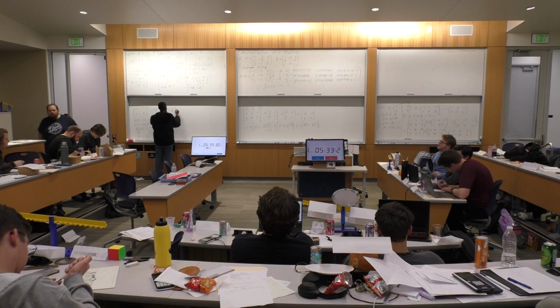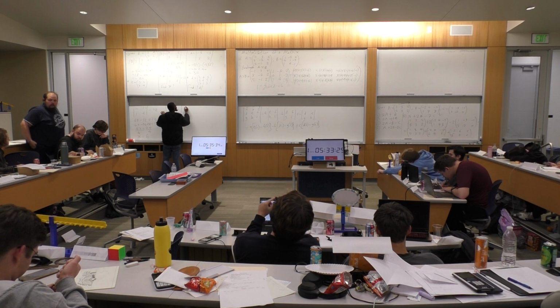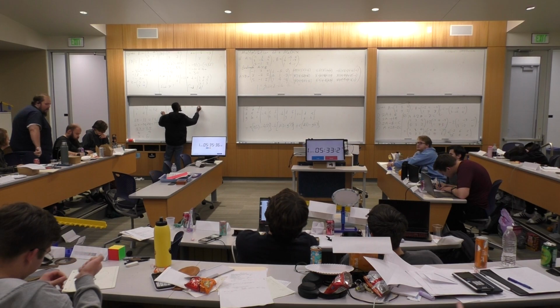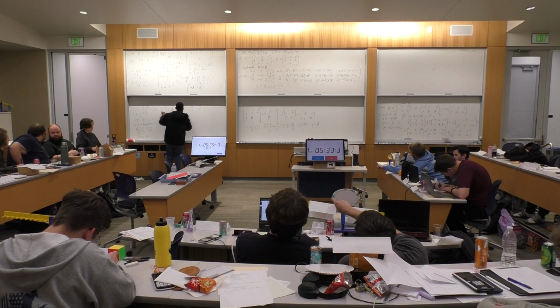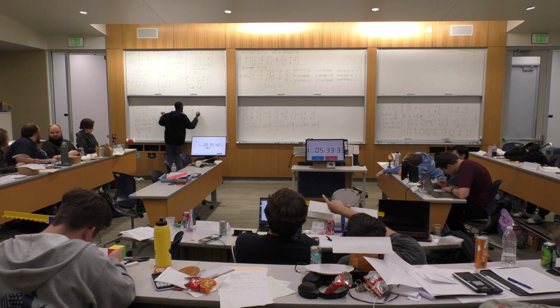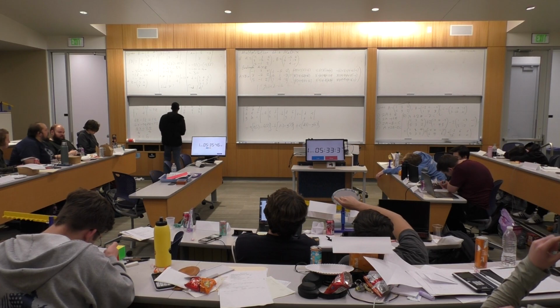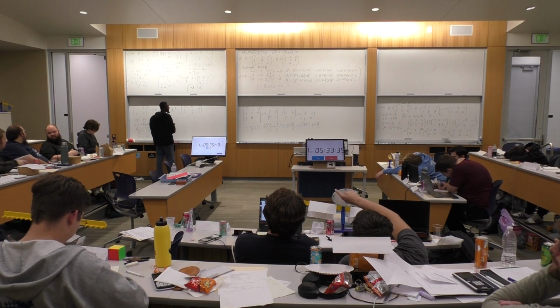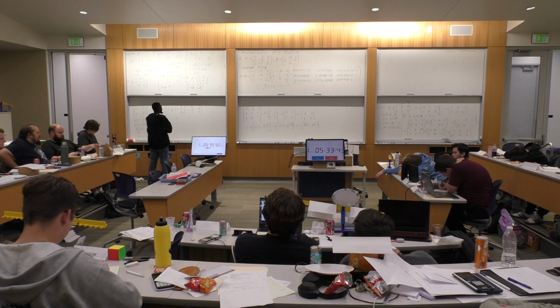Determinant of D is equal to 3, 4, 5, 2, 6, 5, 7, 1, 3. This equals what?